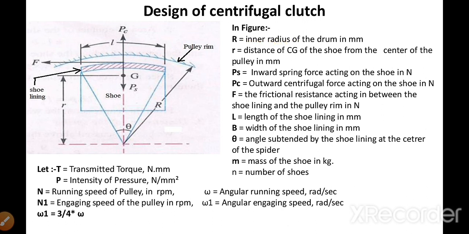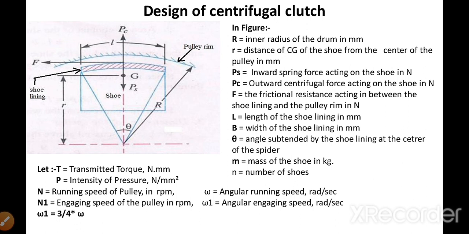Capital R is the radius of the pulley rim, then small r is the distance of the CG of the shoe from the center of the pulley. This is the center of gravity of the shoe, and small r is the radius of the center of gravity from the center of the spider or center of the clutch.